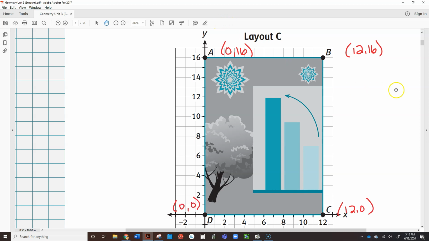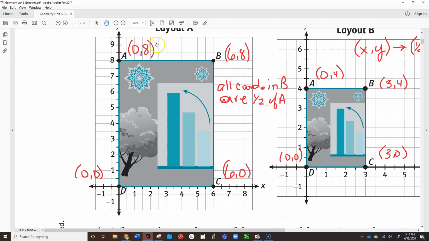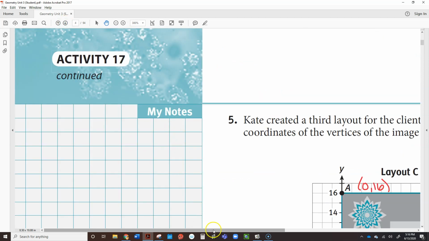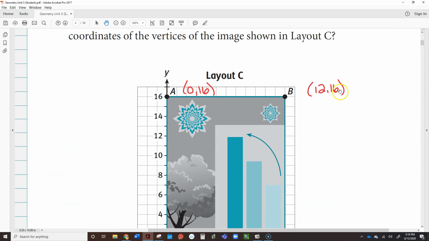Do you remember what they were for A? Here they were at 0, 8, and then 6, 8, that was A, and now for C, they're at 0, 16, and 12, 16.